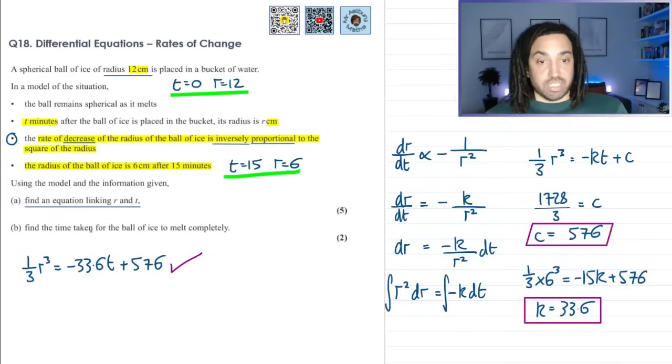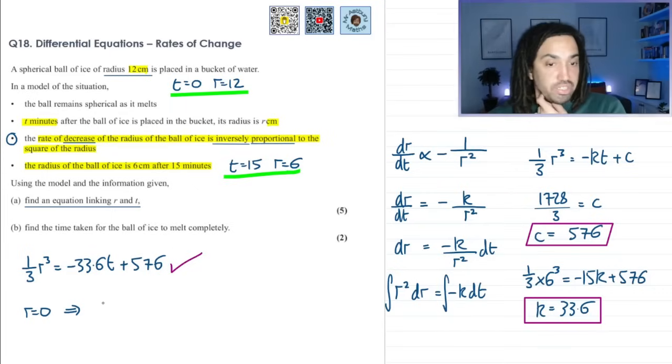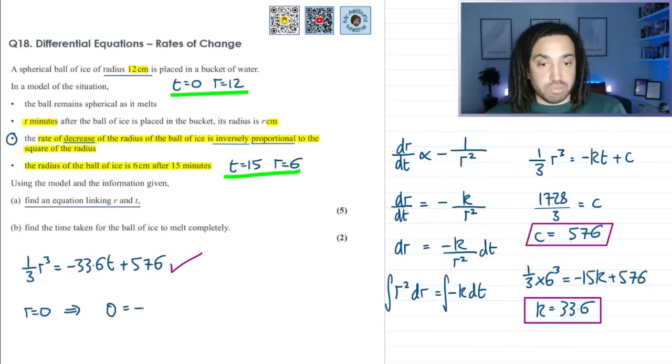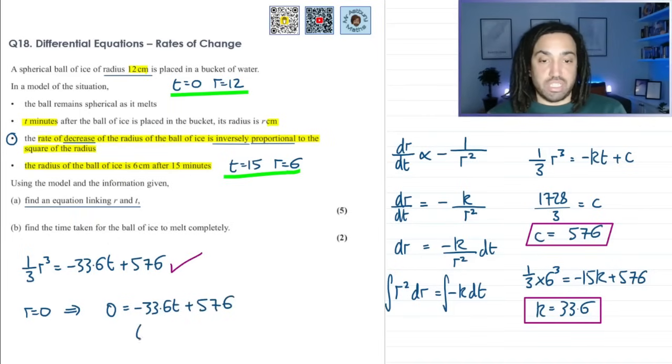Then it says find the time taken for the ball of ice to completely melt. Well, that means that the radius is equal to 0. If the ball's completely melted, then obviously it has no radius anymore. So 0 is equal to minus 33.6t plus 576.